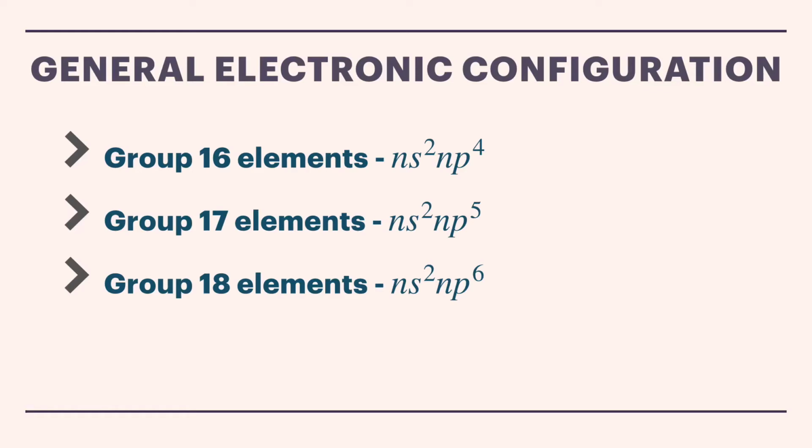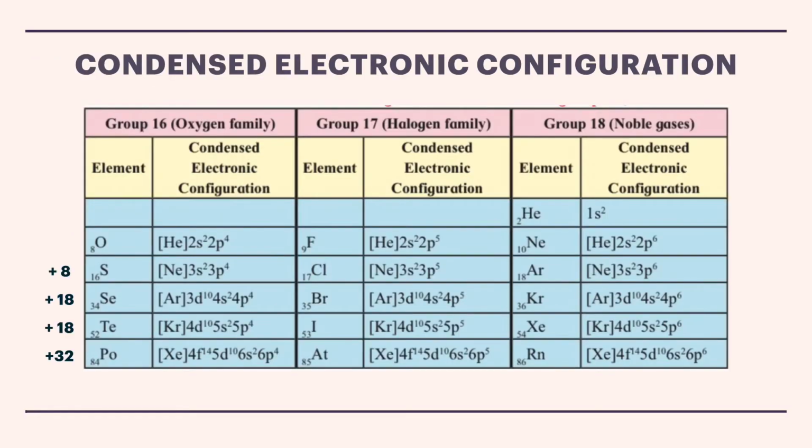Okay, now next we'll see the condensed electronic configuration of all the elements in group 16, 17 and 18. So to understand about condensed electronic configuration, first we have to know what is the nearest inert gas which comes just before that element.